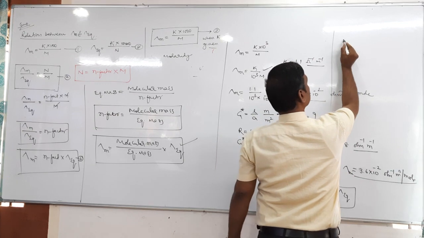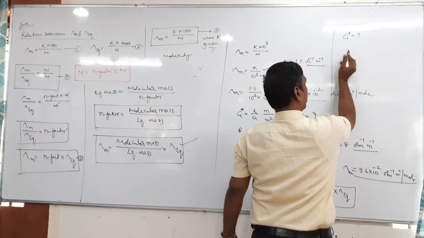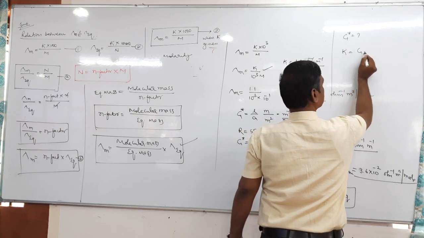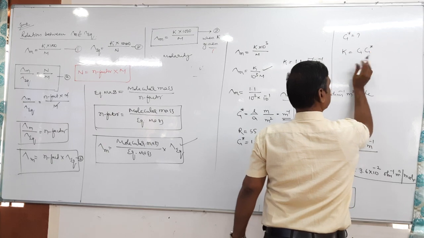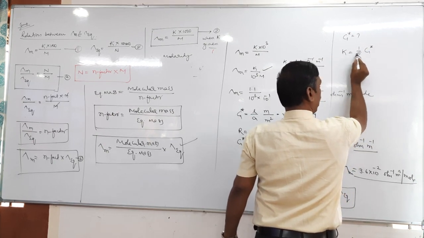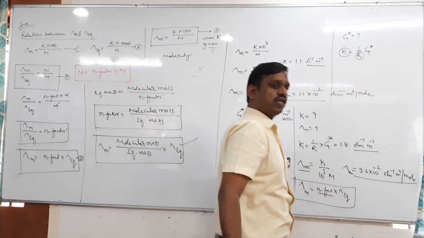Tell me. So G star has to be calculated, and there is a formula K equal to G into G star. But in place of G, can we write 1 by R? R value given, K value given, find G star.